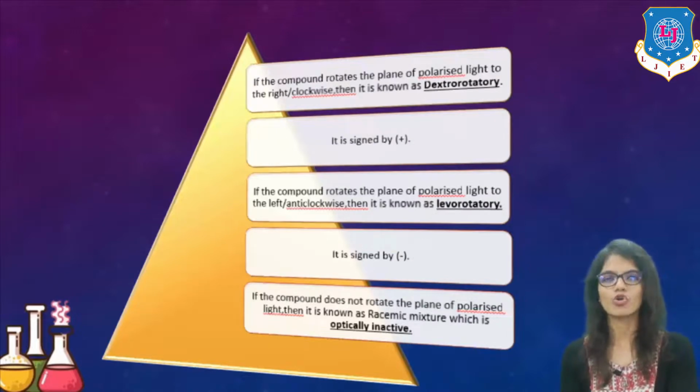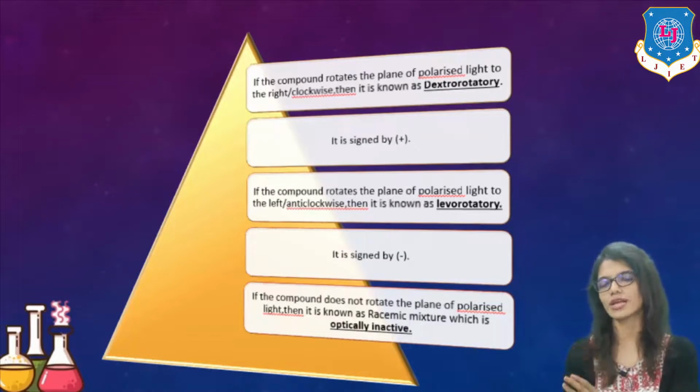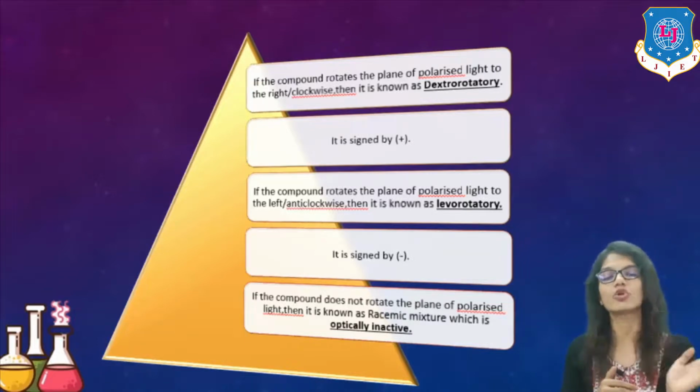If the compound rotates the plane of polarized light towards the right or in a clockwise direction, then it's dextrorotatory, denoted by a plus sign, written as D plus. If the compound rotates the plane of polarized light towards the left hand side or anti-clockwise direction, then it is known as levorotatory, denoted by L minus.